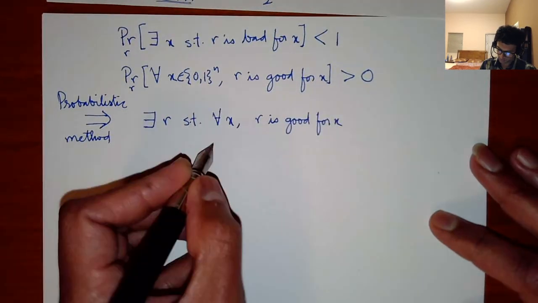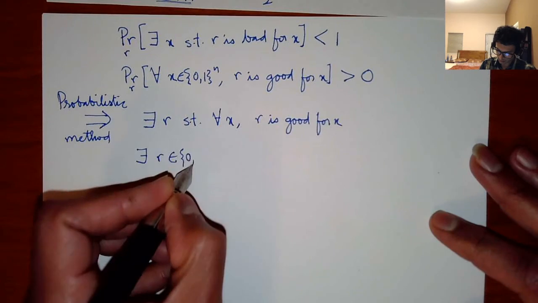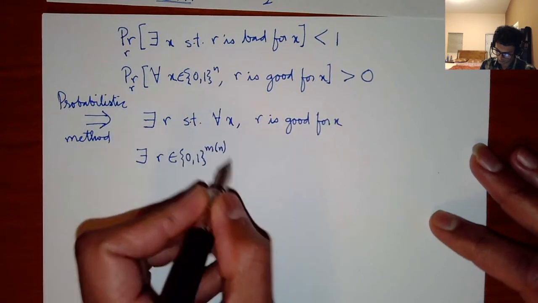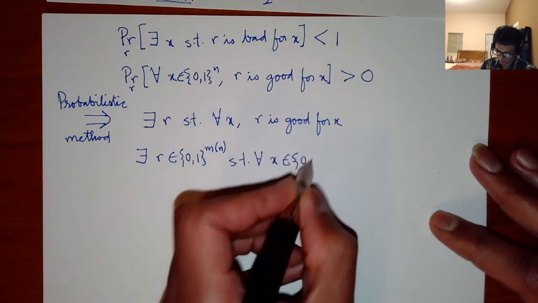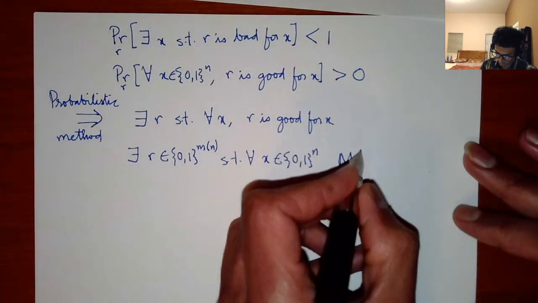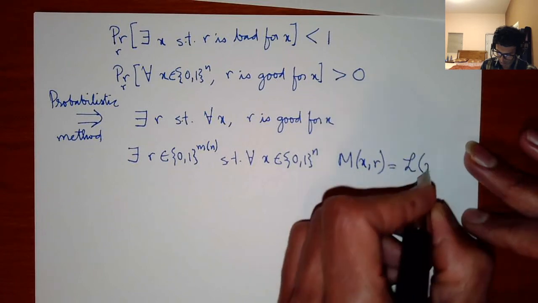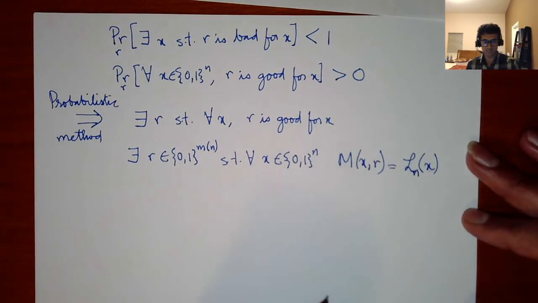What does that mean? It means there exists an R, which is some polynomial size, such that for all x of length n, when R is good, that means that M(x, R) is equal to L(x). And since we're only looking at things of length n, I can just say L_n.